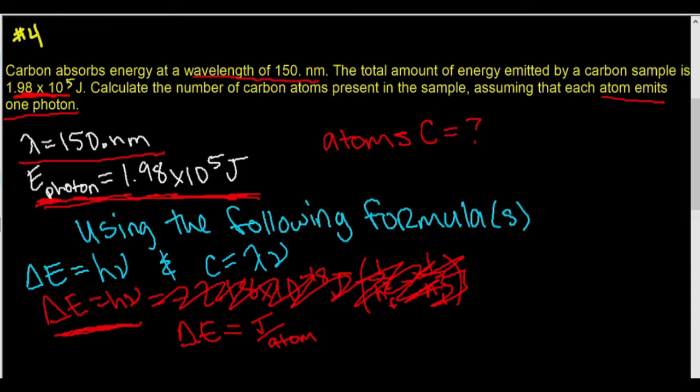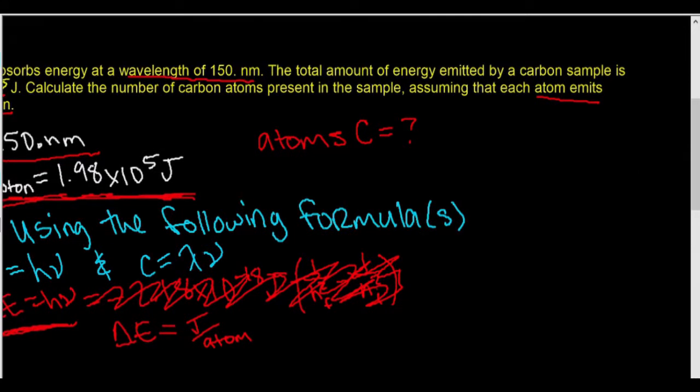So you notice we don't have a frequency. To fix that, we're going to rearrange this equation right here that I just circled. To solve for nu, we would just divide by lambda, so it'd be c over lambda.